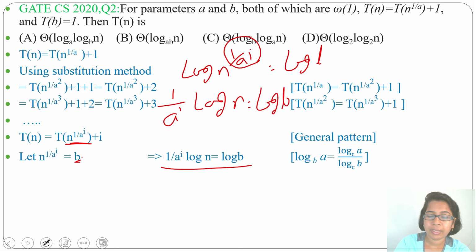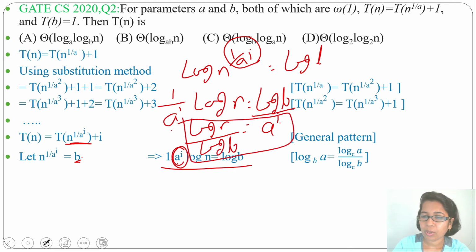Next, we can take this a power i to the right side. After that, we get a power i equals log n, and I'm taking this log b to the left side, so log n divide log b. And we know log a base c divide log b base c equals log a base b.